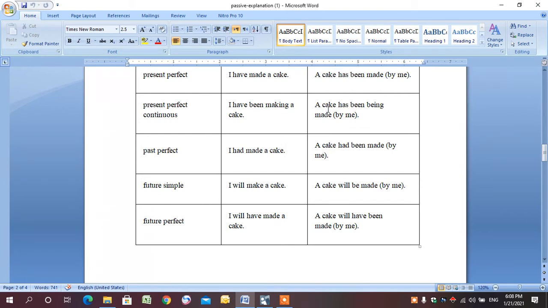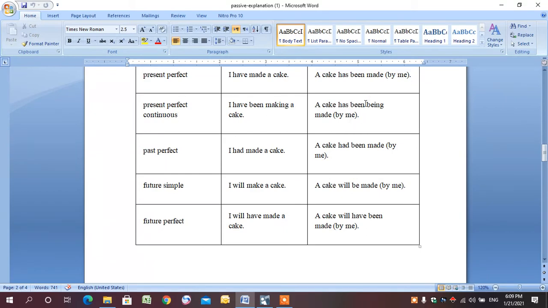Now let's take a look at this example. I have been making a cake. A cake has been being made by me. Now, if you have this sentence in the passive and you want to change it back into the active form, again, you have to start with the subject, and it's by me, so you change it to I. And then you cannot put has with I, so you change it to have.